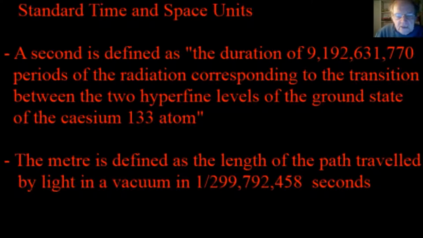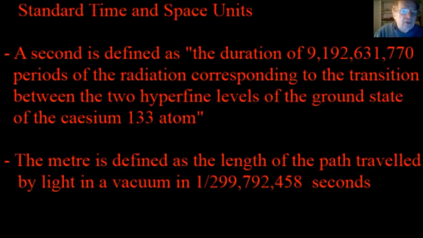First, the second is defined as the duration of that large number of periods of the radiation corresponding to the transition between the two hyperfine levels of the ground state of the cesium-133 atom. Okay, that's an operational definition of a second. A very good definition. It's a good physics definition of a second.